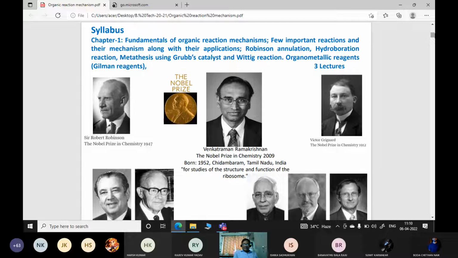So these chapters deal with the organic reaction mechanism. In this syllabus, this is chapter 1, the fundamentals of organic reaction mechanism, a few important reactions and their mechanism along with their applications. Which reactions will we study?